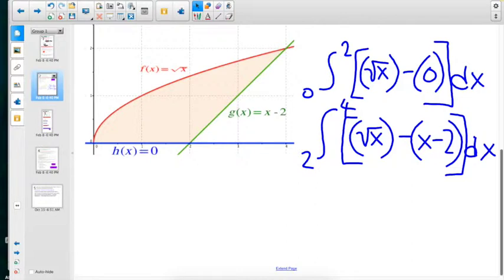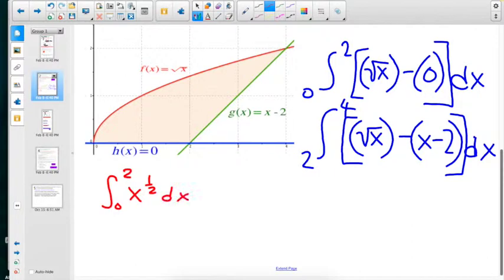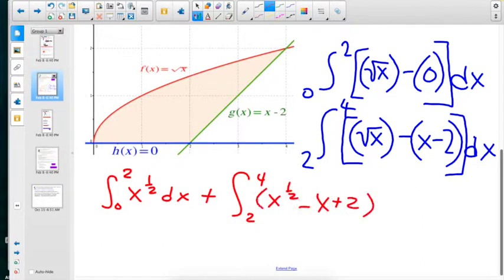Molly's giving us an approach here. Okay, so there we have our approach. All right, so here's the tricky part.